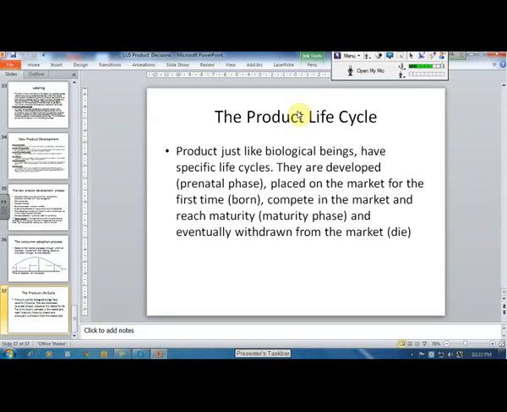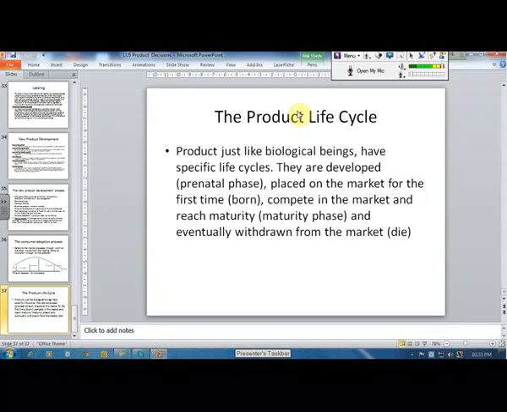So just like with any other organization, a product has to be developed, and we call that the prenatal phase. And then when it grows, we say that it has gone through the process of being born, and now it is reaching the maturity phase.